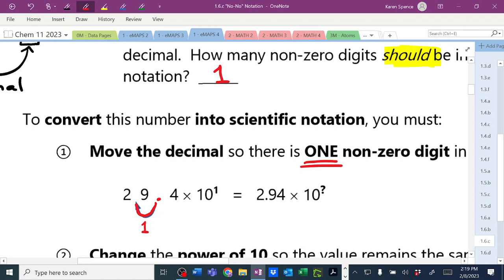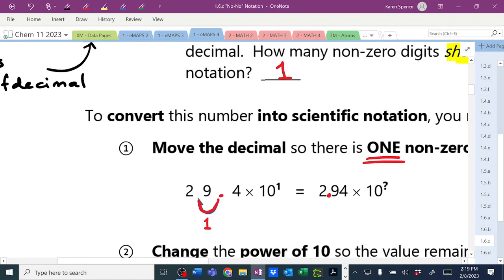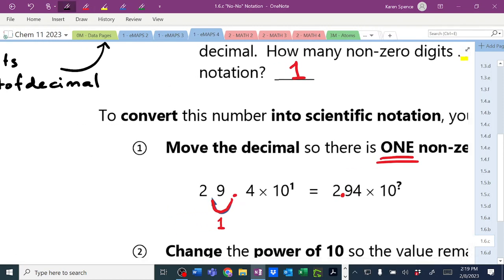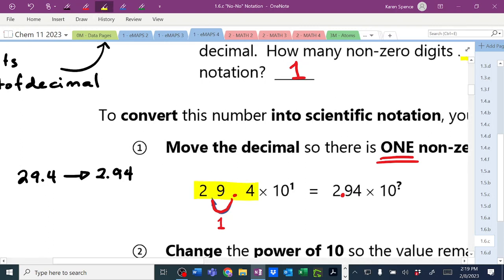Okay, so instead of 29.4, now we have 2.94. As we went from 29.4 to 2.94, what happened to that number, to the coefficient, right? We are looking right now at the coefficient.